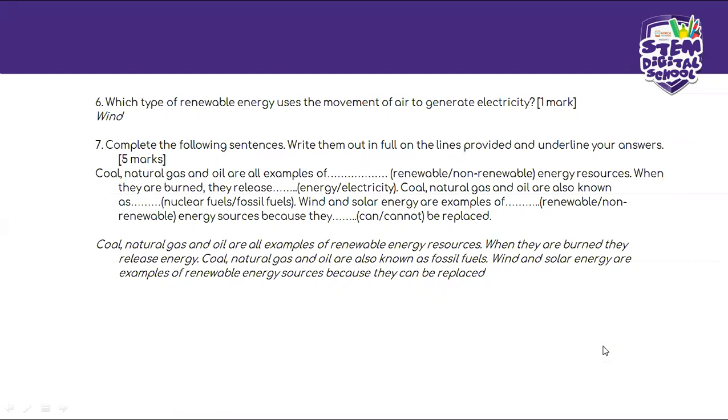When they are burnt, they release energy. Coal, natural gas, and oil are known as fossil fuels. Wind and solar energy are examples of renewable energy sources because they can be replaced.